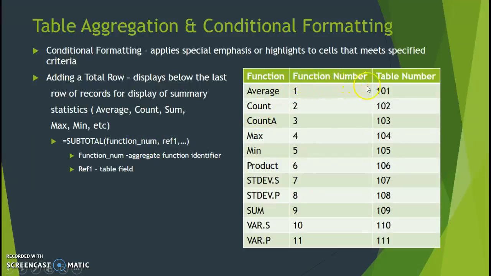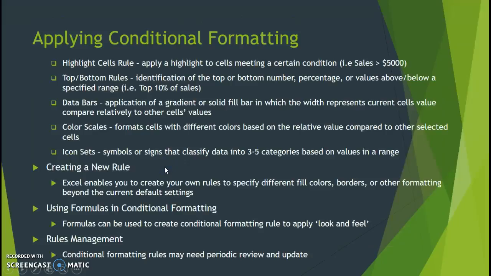I have a table that we're going to use to reference what type of summary function we're going to be using. So you have your subtotal function call. You have the function number, which is the aggregate function identifier, and then ref1 is going to be your table field that you're going to do the aggregation on.